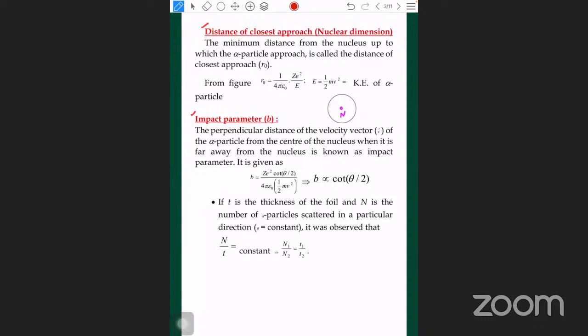The nucleus. Now I am going to send an alpha particle exactly toward it. As this alpha particle moves, at one particular point it has to stop, right?